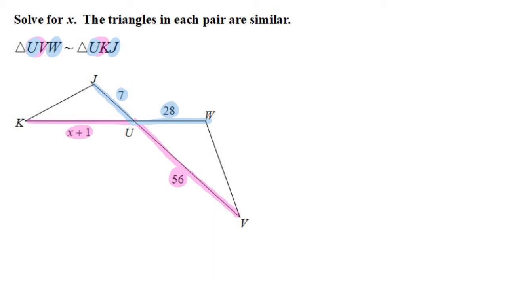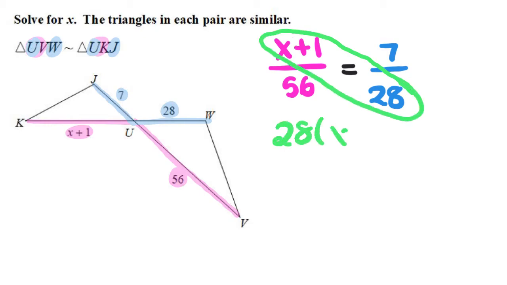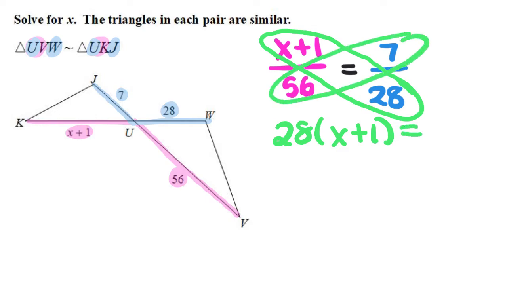Now when I set up my proportion, I can say x plus 1 over 56 is equal to 7 over 28. And now we're going to solve for x like we did in the previous problems. In order to do so, I would cross multiply. So I'd have 28 times the whole value of x plus 1 is equal to 7 times 56.